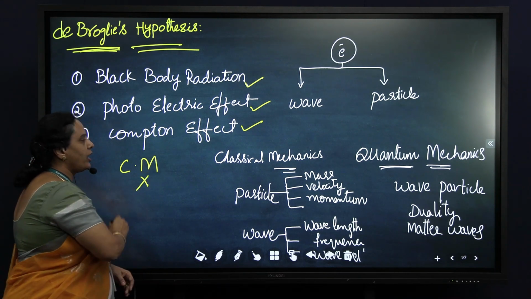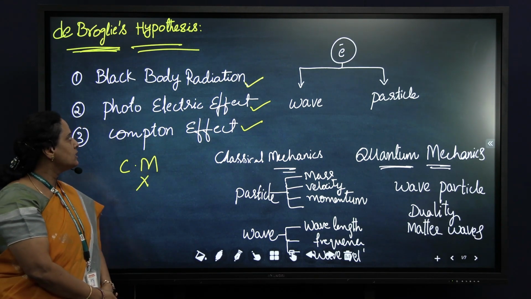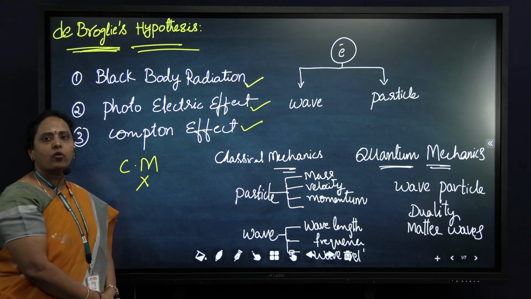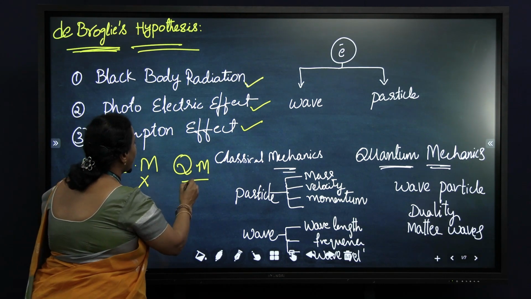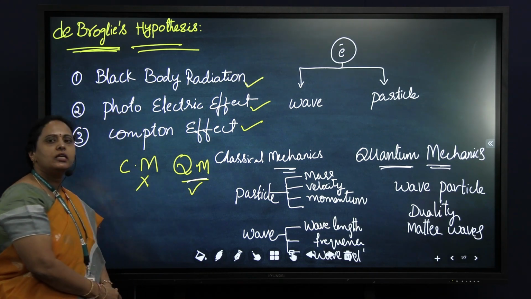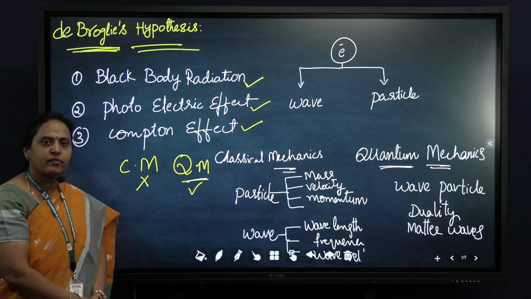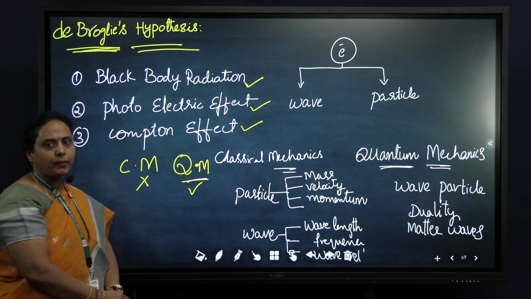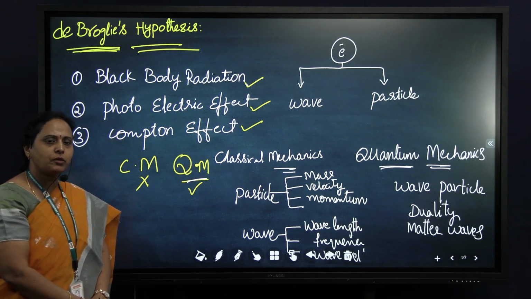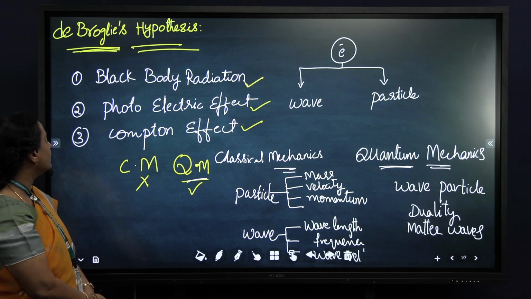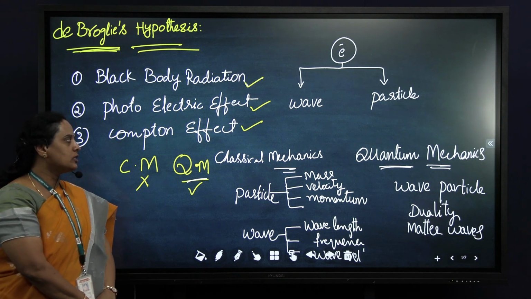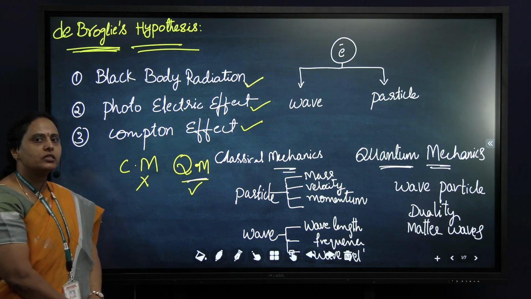Classical mechanics failed to explain these three theories. Quantum mechanics could successfully explain them, as we have seen in the last video lecture. After the introduction of quantum mechanics, the next breakthrough in this field was made by the famous personality de Broglie. What is de Broglie's experiment and what is its outcome?